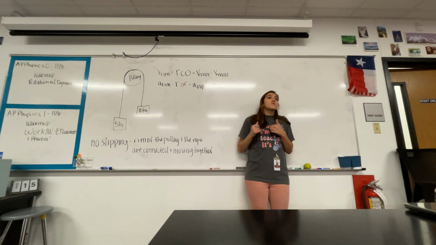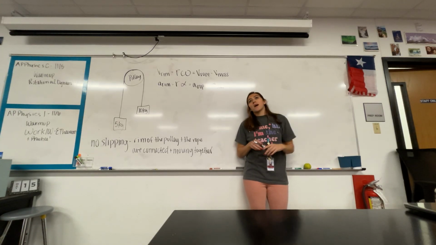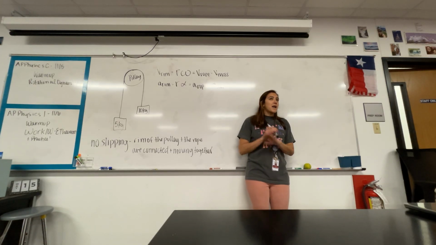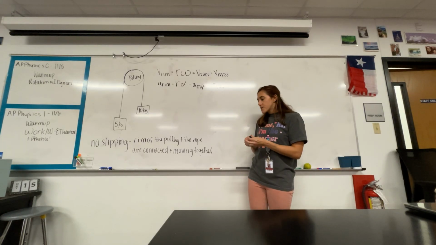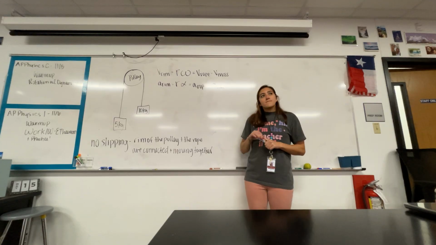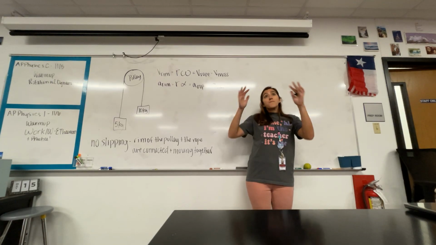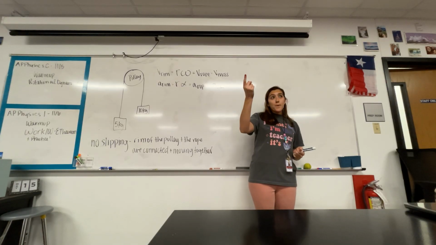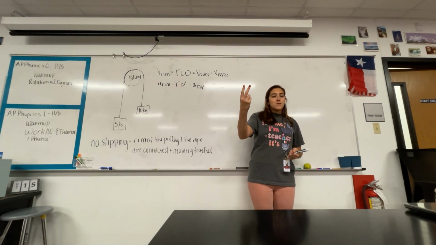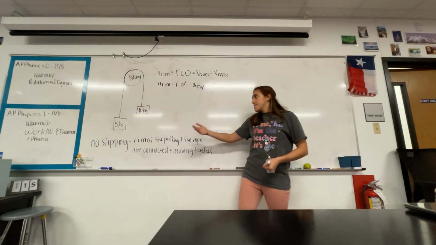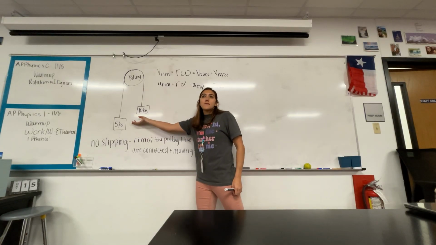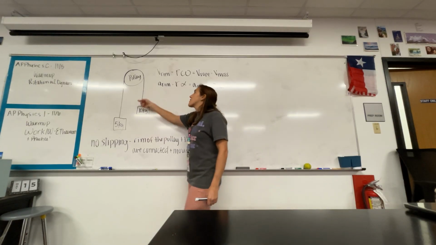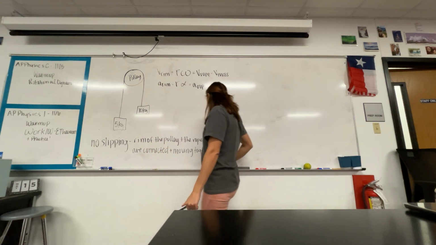I'm going to walk you through this one. The last two examples, I kind of let you guys go on your own. This one, I'm not going to do that. I'm going to walk you through step by step so you can see how this would be solved. All right? So again, the velocity at the edge of the pulley, the acceleration at the edge of the pulley has to match the rope, has to match the mass. So when I know the system, this Atwood machine's system's acceleration, that's the acceleration at the edge of the pulley.